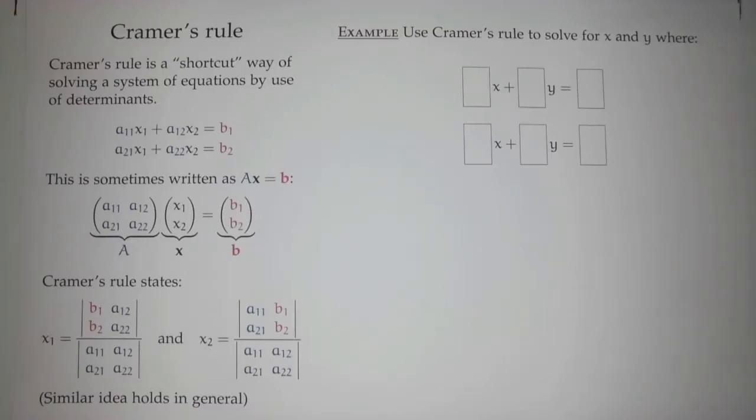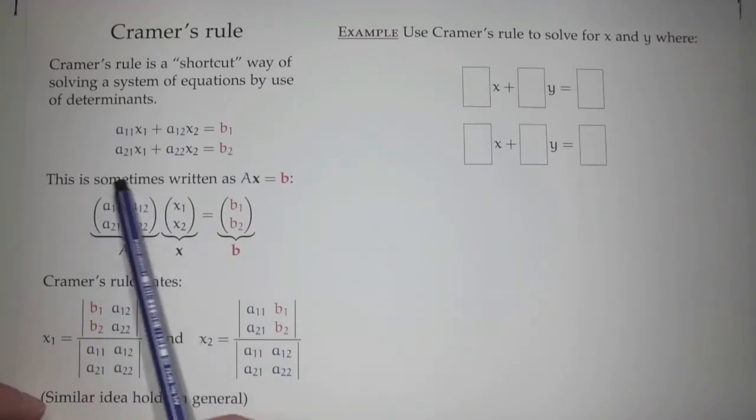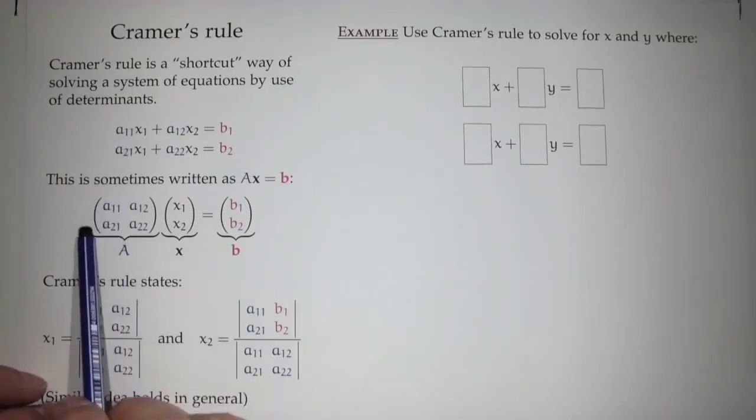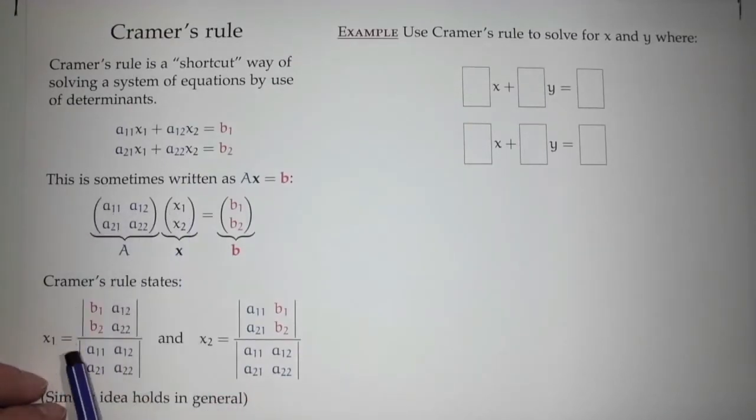Okay, so now what's the punchline? Suppose we want to solve for x1 and x2 in this particular set of equations. Downstairs, you take your matrix of coefficients A and take its determinant. That's what these bars mean. That's the same for both x1 and x2. Now upstairs, think of the first column as attached to x1.